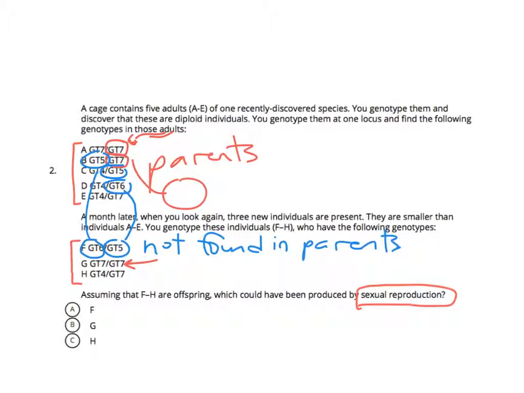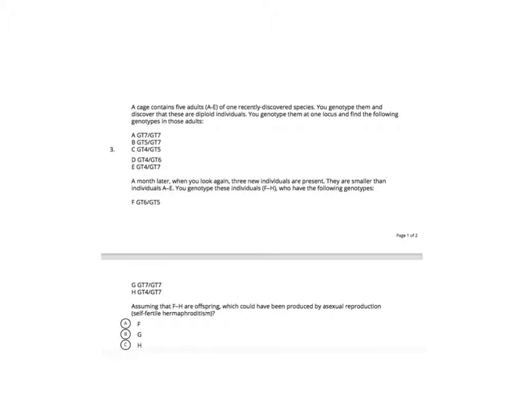Okay, so if we move on to the subsequent question, same genotypes, just different mode of reproduction. In this case, we're talking about asexual reproduction, specifically if these individuals A through E are self-fertile hermaphrodites, which of the kids or offspring could be produced by selfing?